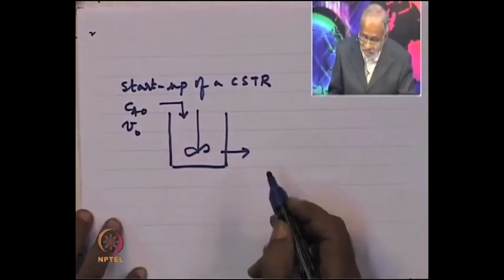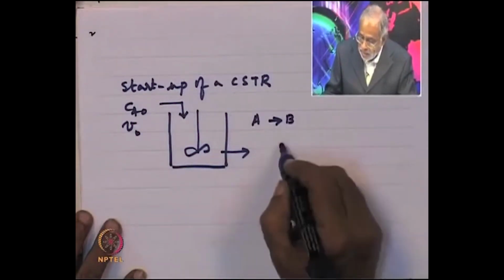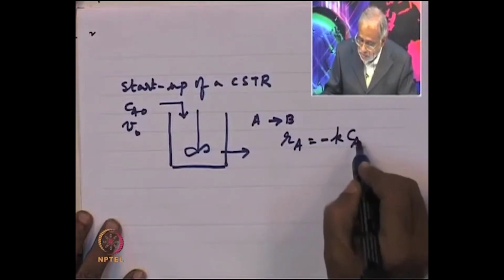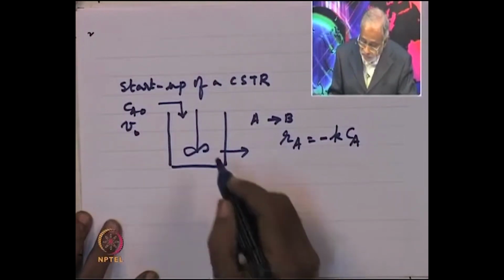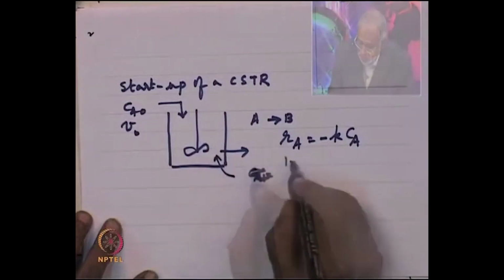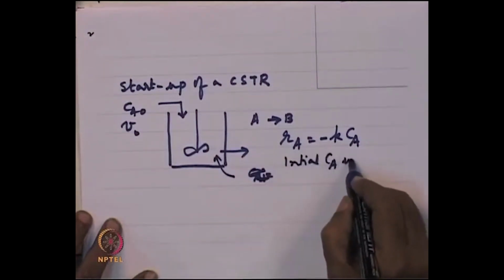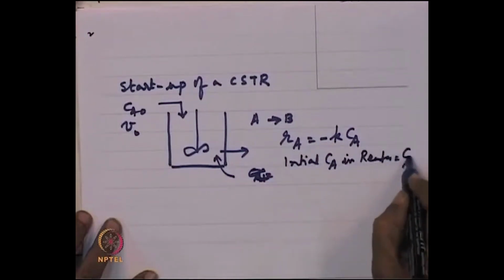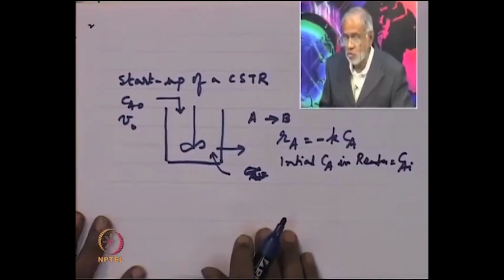As an example, we will say that a reaction A is taking place, and the rate function R A is k times C A. Let us say that initially the C A in the reactor equals C A I. This is the initial condition.